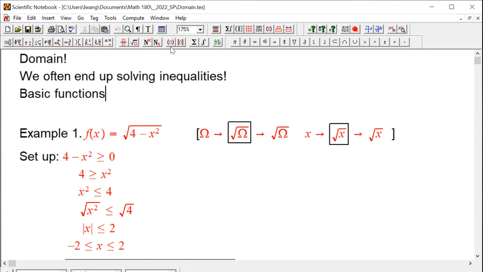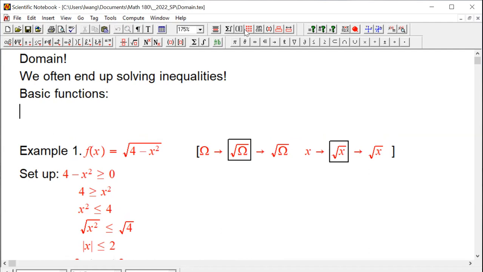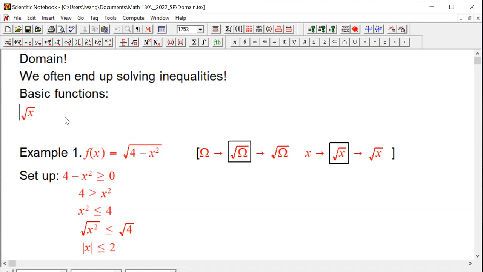So what are the typical basic functions we're talking about, right? Some of these functions may be the square root of x, right? Some of those functions may be the cubic root of x, right? It could be 1 over x, right? These are the basic functions to help us decide the domain and range.